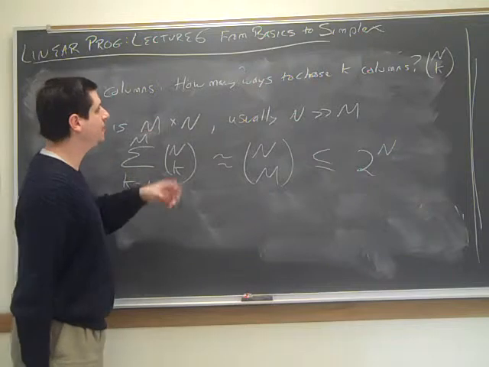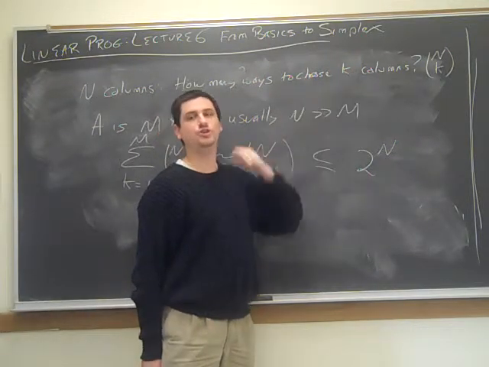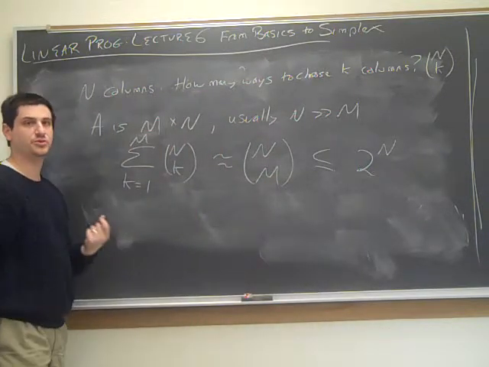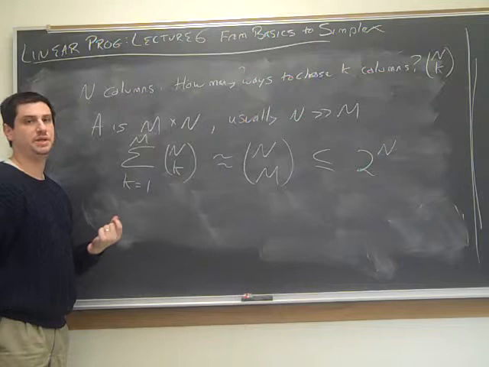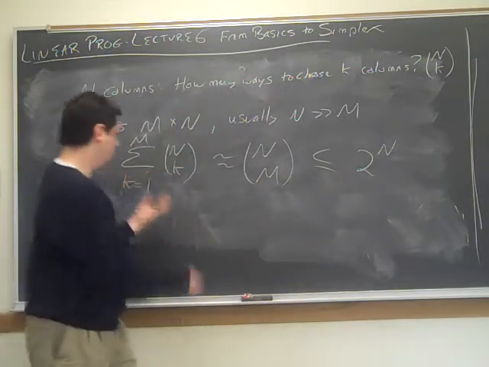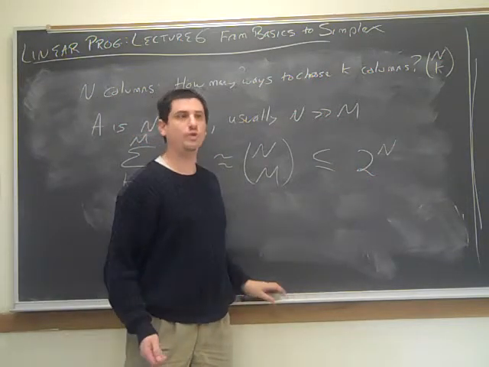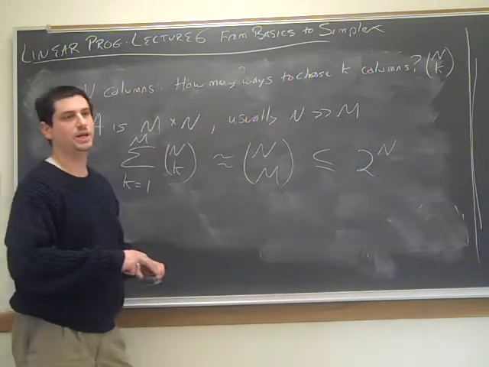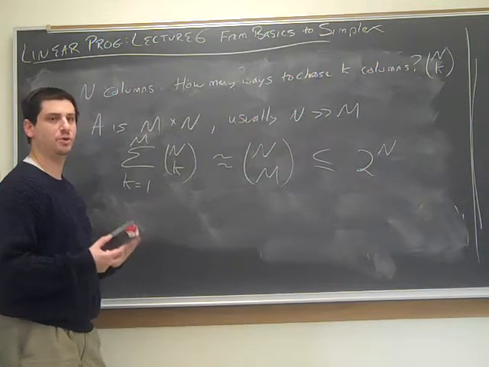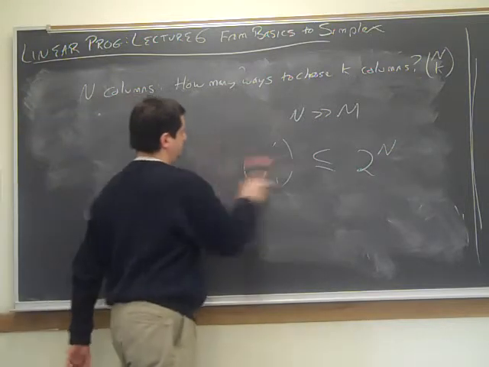And our plan of attack is: if I choose k columns, and I can show for every choice of k columns there's at most one basic feasible solution, then there can only be finitely many basic feasible solutions. And in fact, the finite number is at most this sum, which is at most 2 to the n. So all we have to do now is show that for every choice of k columns, there's at most one basic feasible solution. So how do we do that?